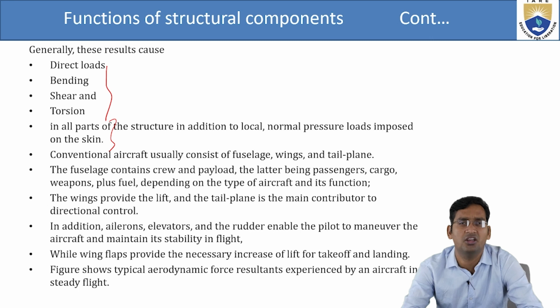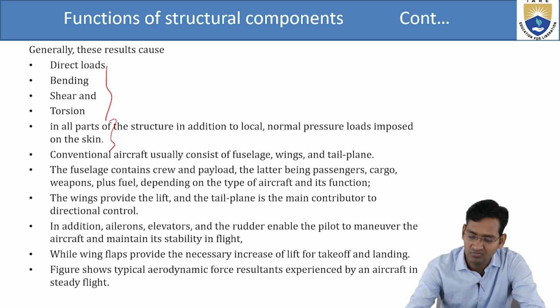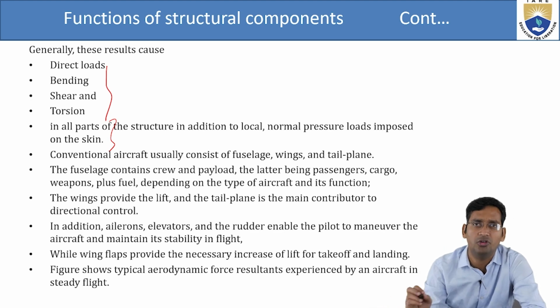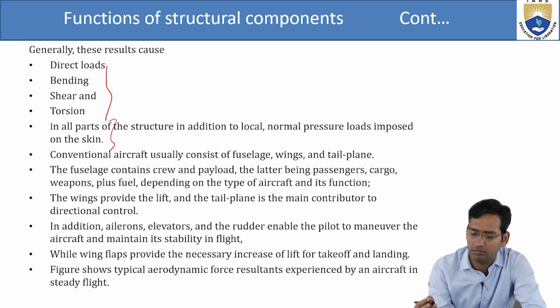Crew means the pilot, air hostess and all that, the pilot team simply. And payload can be passengers, cargo or anything from which they can earn, which is why it is named payload, the load through which we get paid.